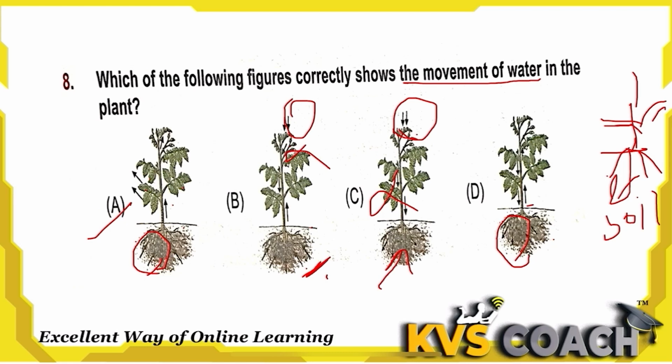No, this is also wrong. Water is only absorbed by the root and transported to the stem only, not outside of the soil. So this is also a wrong picture. That means option A is the only correct answer. Water is absorbed from the soil by roots and transported to the other parts of the plant.